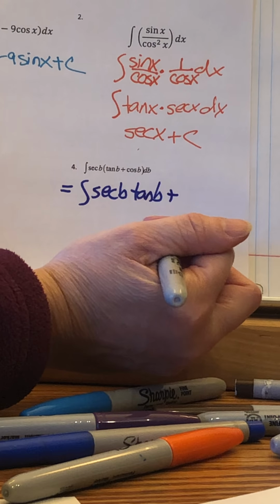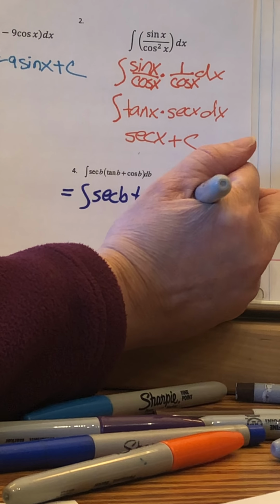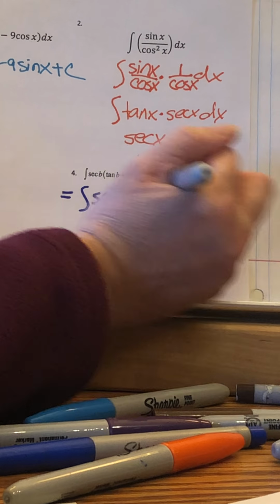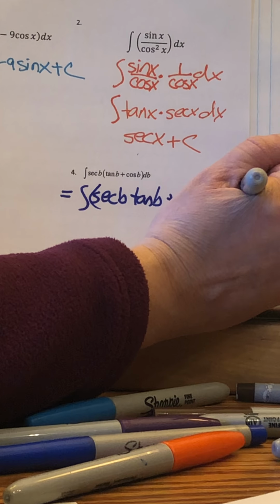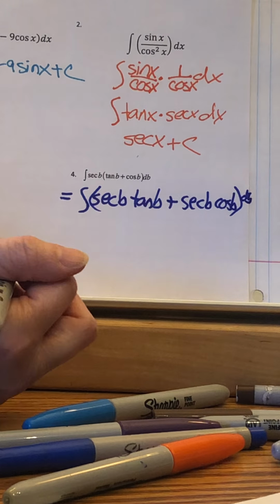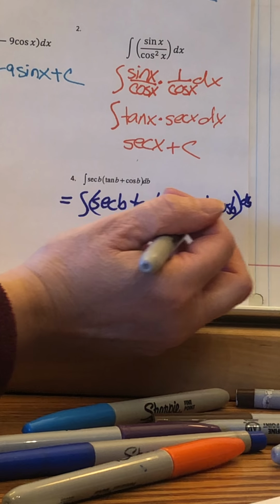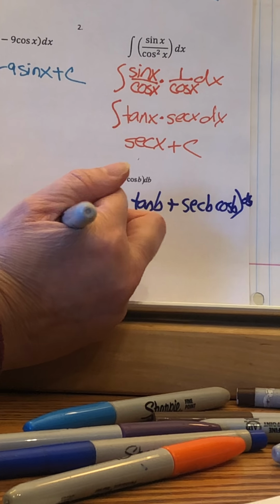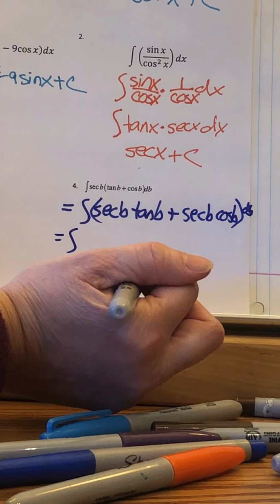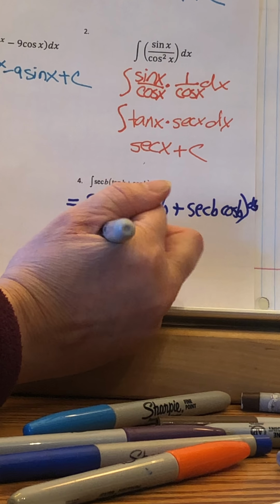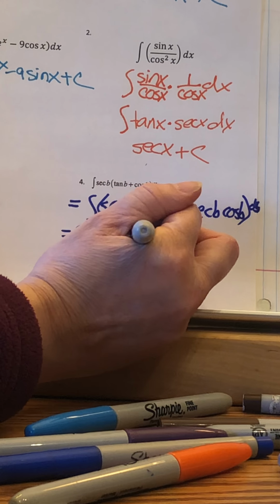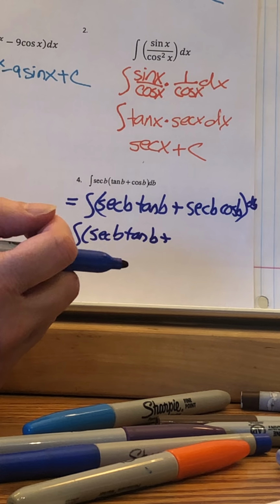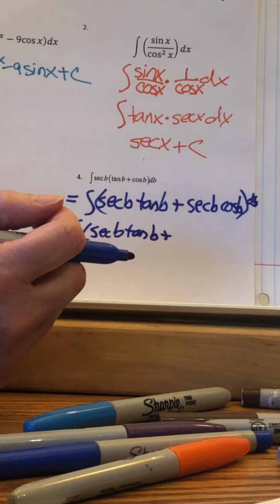Plus the next distribution is secant b times cosine of b, all of that in parentheses with db. Sorry, I'm running out of room. This is not on my list. So I'm thinking, what am I going to do about that? I'm going to keep the secant b tan b, because I know its antiderivative.